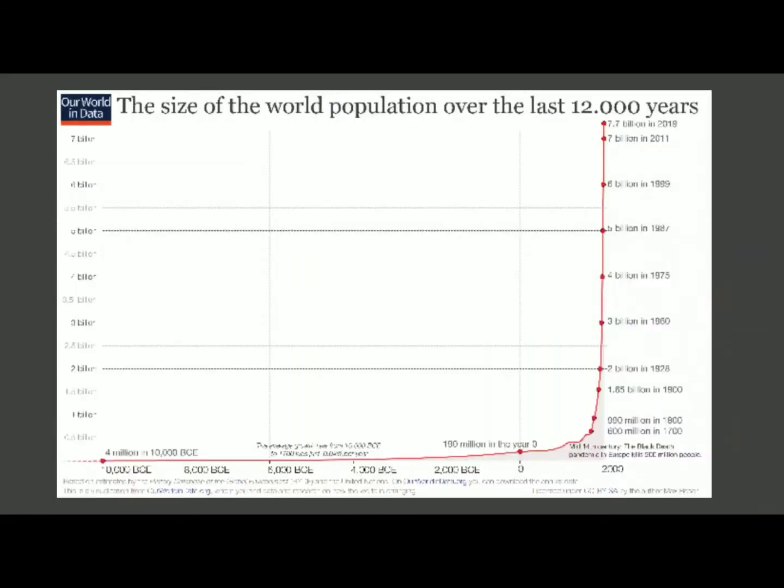In the 1800s, the world population was only around 1 billion people. This implies that on average the population grew very slowly over this long time, from 10,000 BCE to the 1700s, by 0.4% annually. The world population increased from 1 billion in the 1800s to 7.7 billion today.